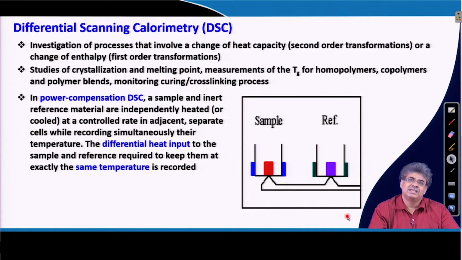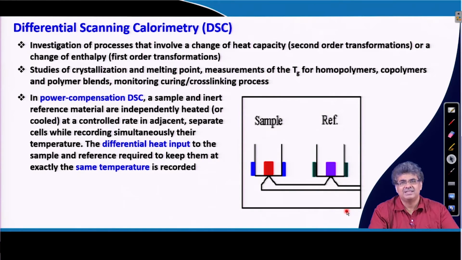So, if a transition happens, it will require either more heat to be supplied if it is an endothermic process, or if it is an exothermic process, some heat will be evolved by the system.